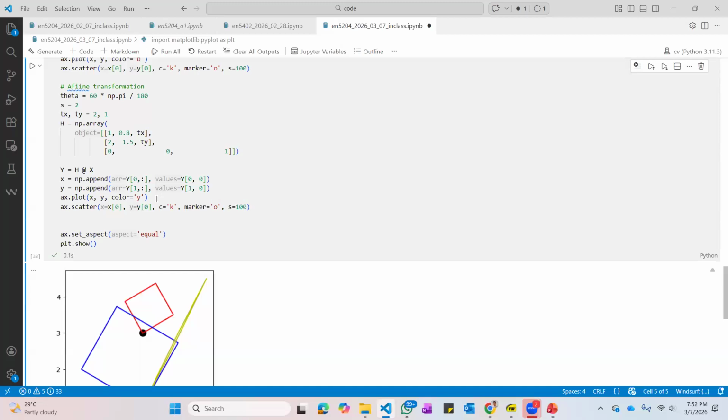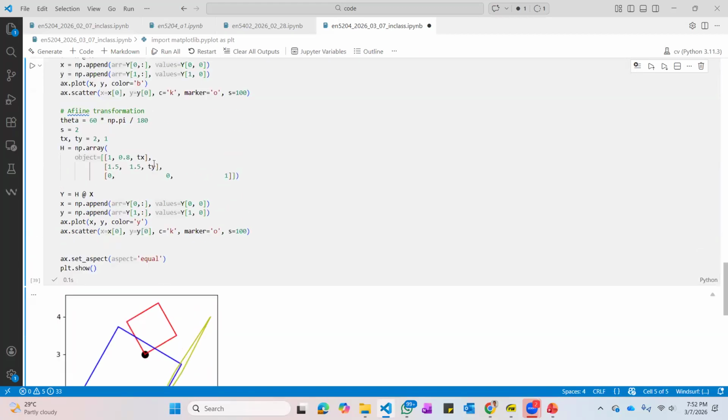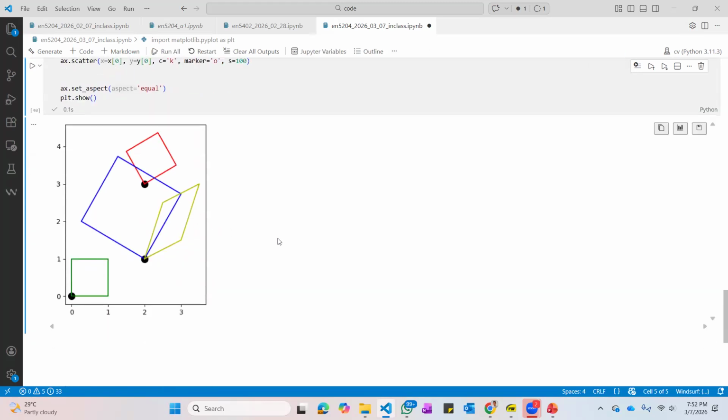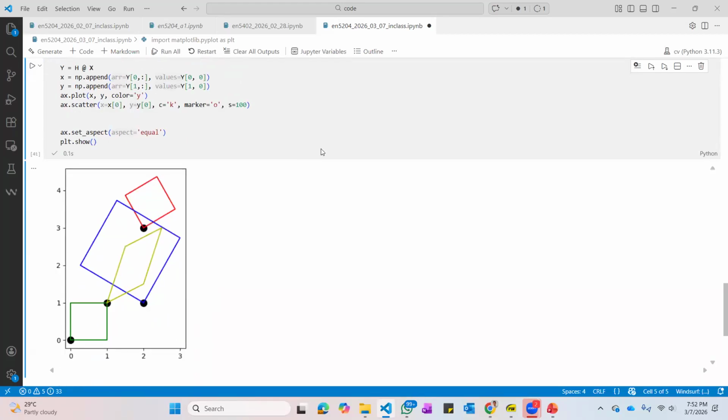Oh, it has gone crazily squeezed, right? Make it small. You can see now it has become a rhombus, right? So translation is the same, so we change the translation and we make it 1 so that you can see.